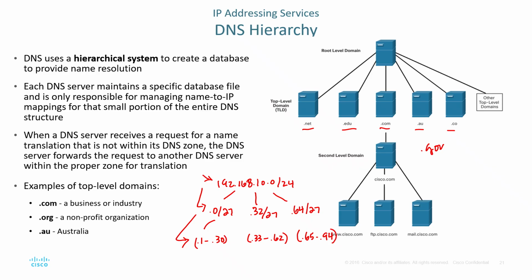Okay, so hierarchy nature. So each DNS server maintains a specific database file and is only responsible for managing name to IP mappings for that small portion of the entire DNS structure. When a DNS server receives a request for a name translation that is not within its DNS zone, the server will forward the request to another server within the proper zone for translation.